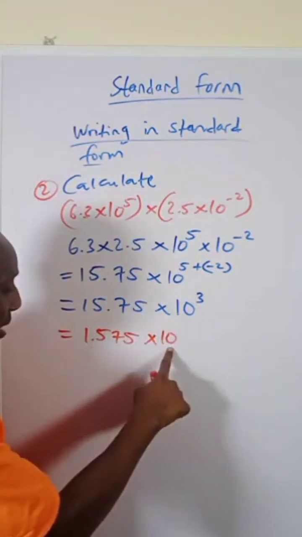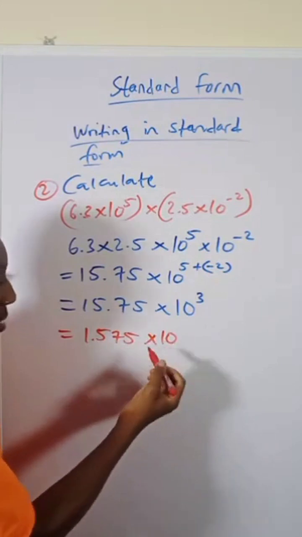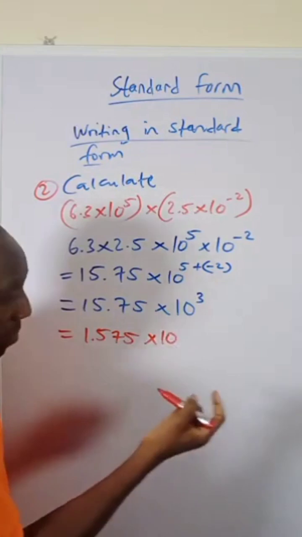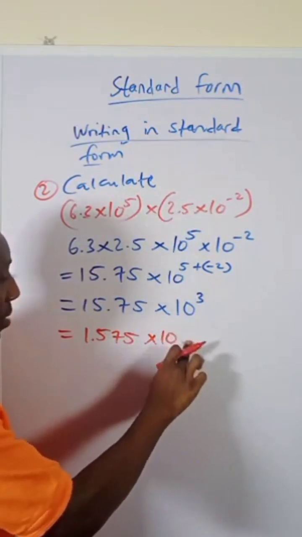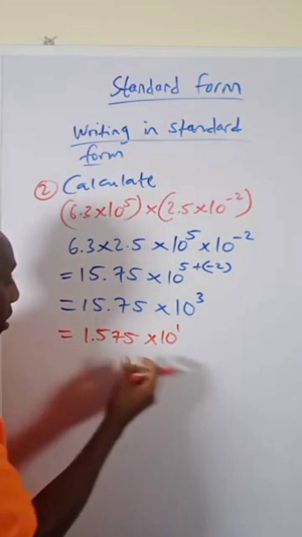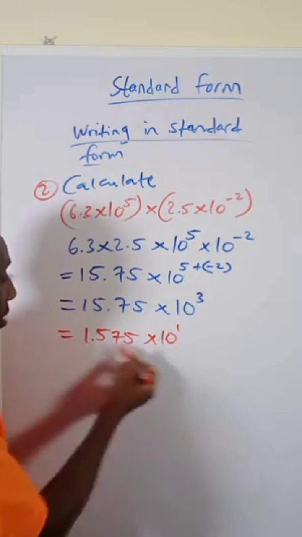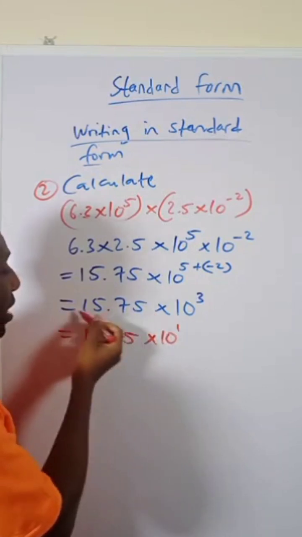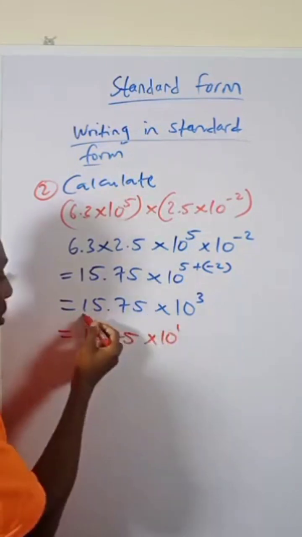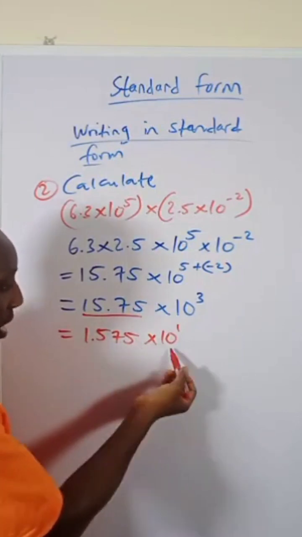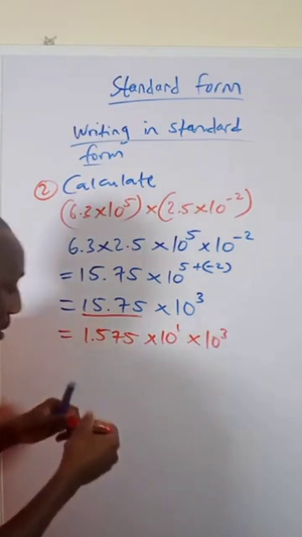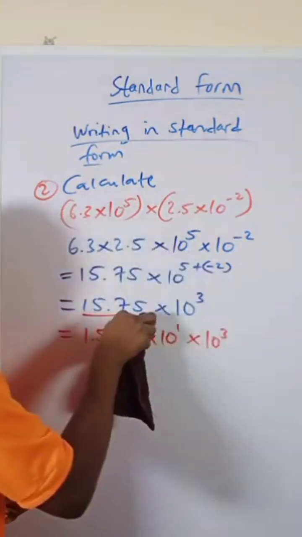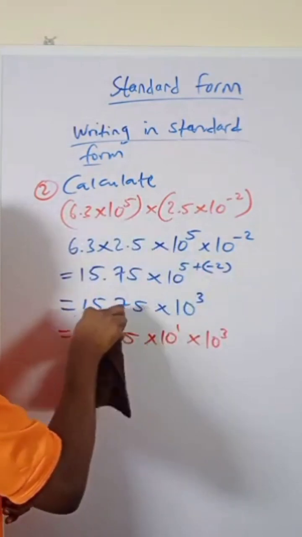Again, if you multiply this by 10, you know you have to shift the decimal point to the right one time because this is raised by 1 here. Let me still write it because it's going to be useful. Now, if you multiply this by 10 you have 15.75, which will agree with this. But I have just written this in standard form. But don't forget, we still have times 10 raised to the power 3. Let me remove this before some people think I'm dividing.